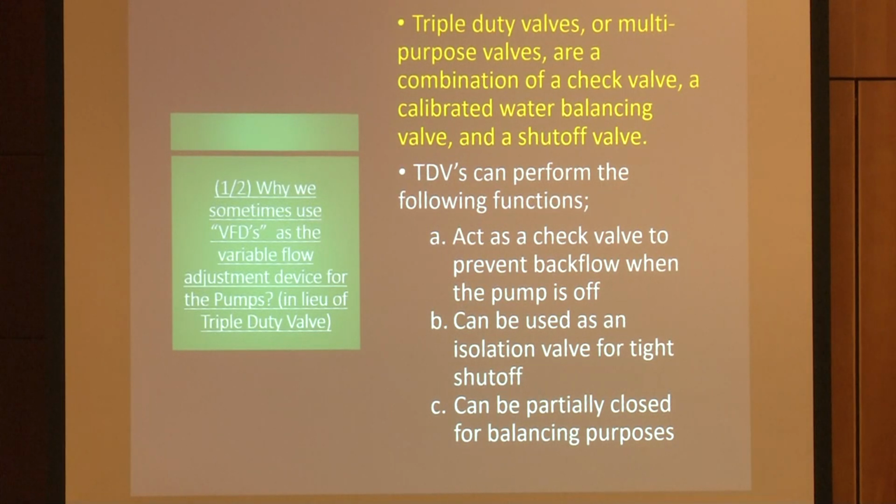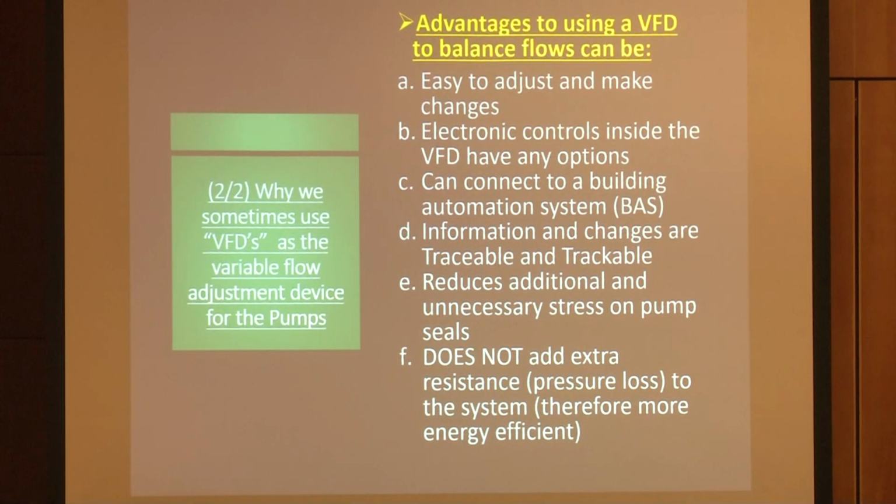But if you have a variable frequency drive, you do not want to use those for balancing, because as you close that valve, you're burning energy, right? So the better way to do it, if you have a variable frequency drive, is to use it as a check valve, use it as an isolation valve, but do not use it for balancing. Use the variable frequency drive to make your speed settings so that you're not burning the energy and you're actually saving that energy by using the variable frequency drive.